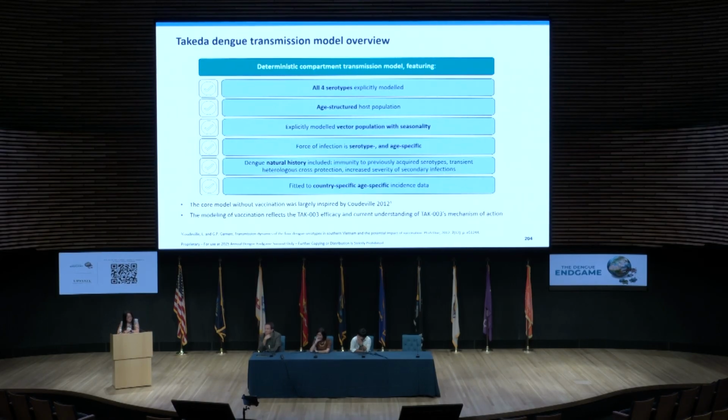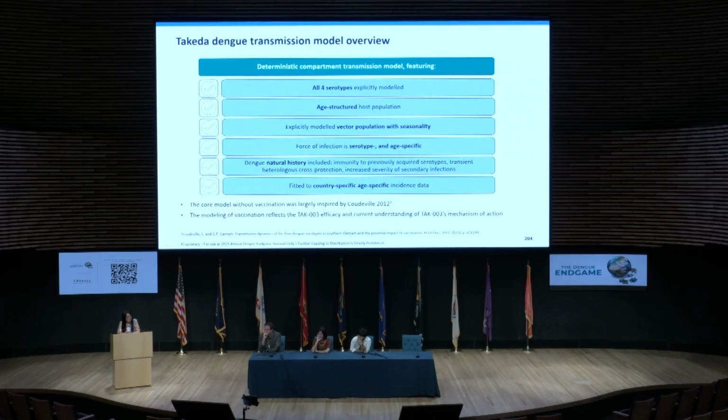This is a very brief overview of the model. It models all four serotypes. The model is age structured, as we've just seen that the dengue burden is very specific across different age groups in the population. We also explicitly model the vector population with seasonality.